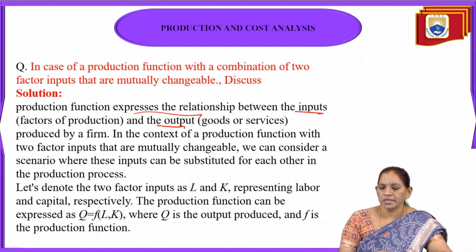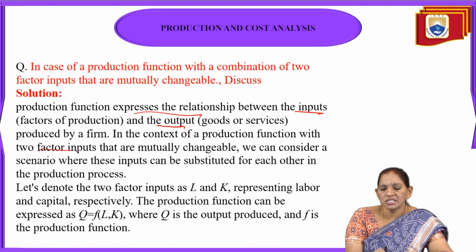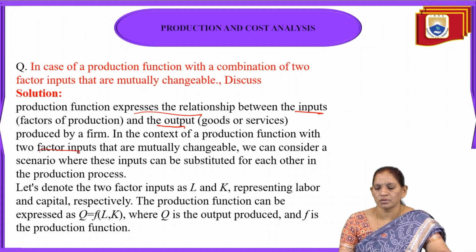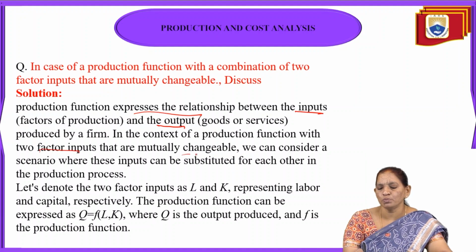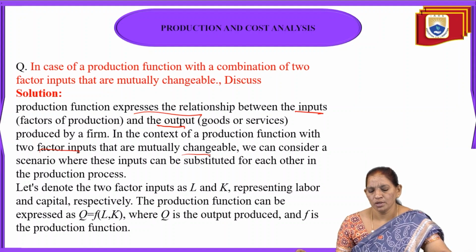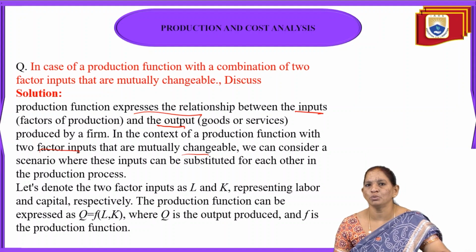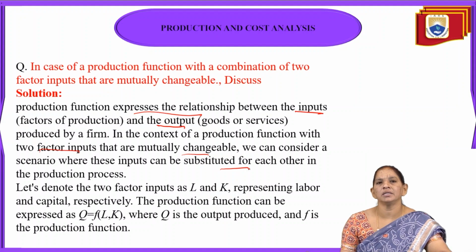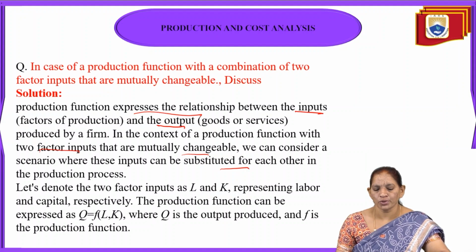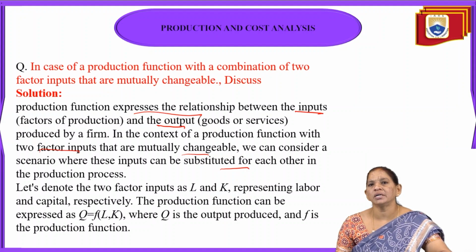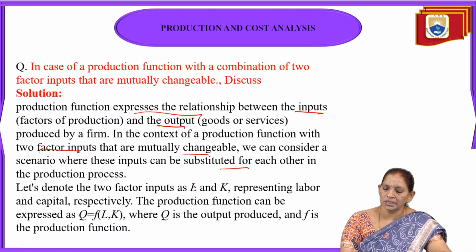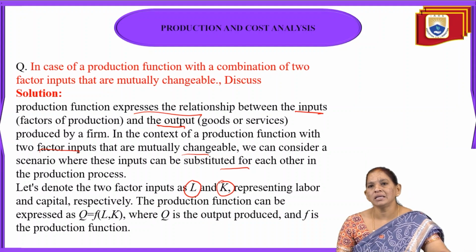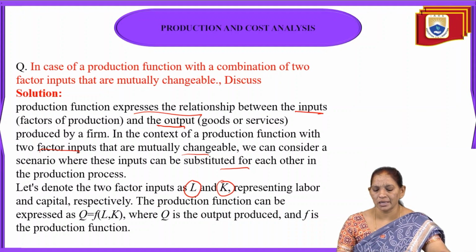In this context, the production function having two factor inputs means the variables could be mutually changeable. We consider in this scenario two types of inputs which could be substituted for one another in production processes. Let us denote the two inputs as L and K, where L is labor and K is capital.